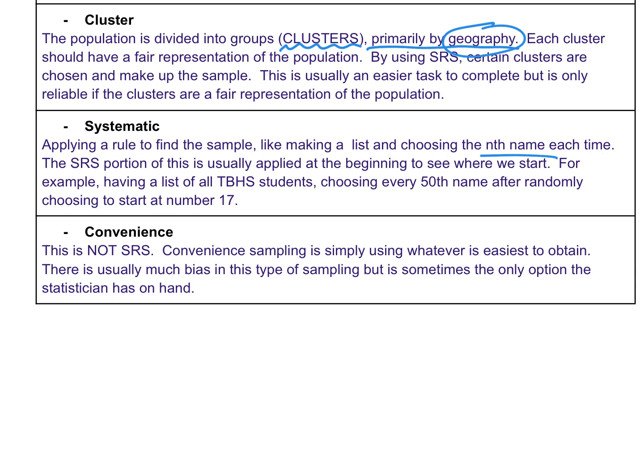No, probably not. There's going to be a lot of bias in that, okay? It may not be a great sample of who is actually going to win the election, and it's very convenient for me to just obtain that data, okay? So once again, just know that it's a very biased type of sampling, but sometimes it's the only option that you have if you don't have access to SRS or other types of sampling.